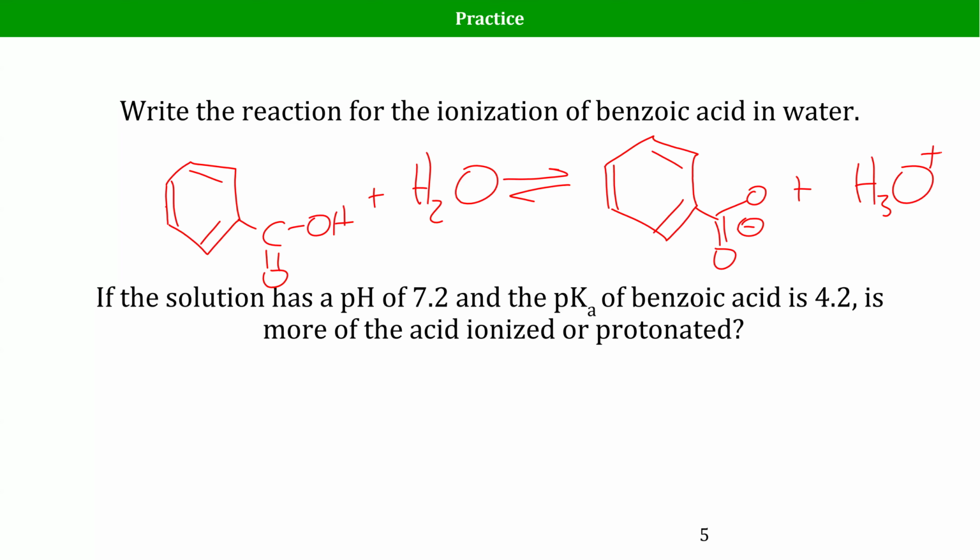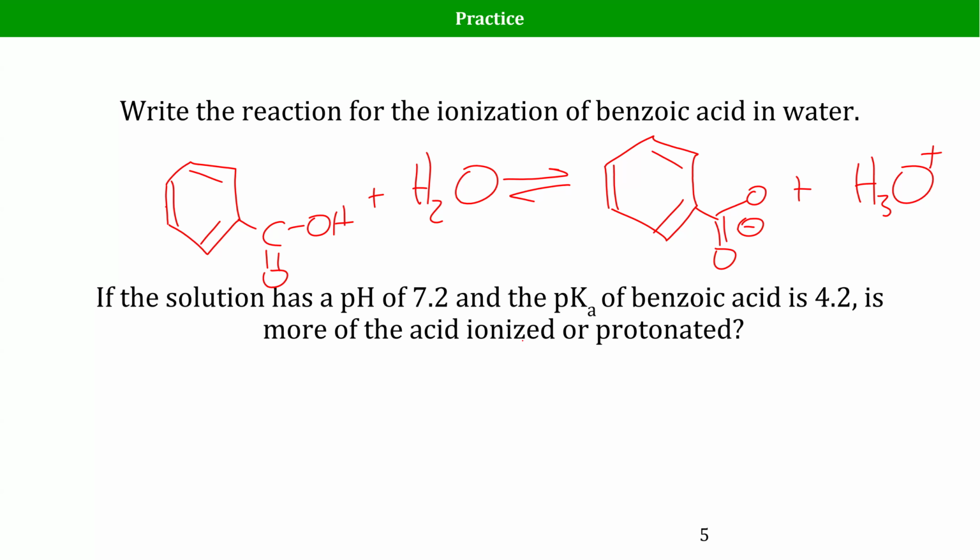If the pKa of benzoic acid is 4.2, and the solution has a pH of 7.2, is more of your acid protonated or deprotonated? It's in a more basic solution, so you're gonna see more of it in the deprotonated form.